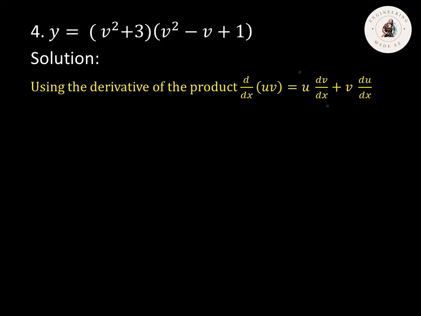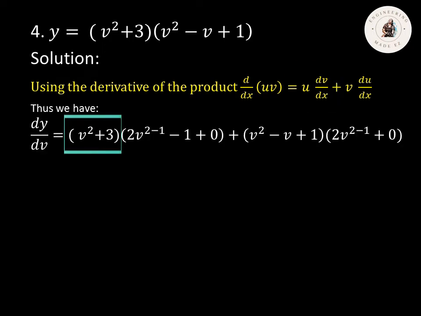So, for our u multiplied by the derivative of v with respect to x, we have u, which is v squared plus 3. For the derivative of v with respect to x, we have v squared, applying the derivative of the nth power. The n here is 2, that's why we have 2 times v raised to 2 minus 1.